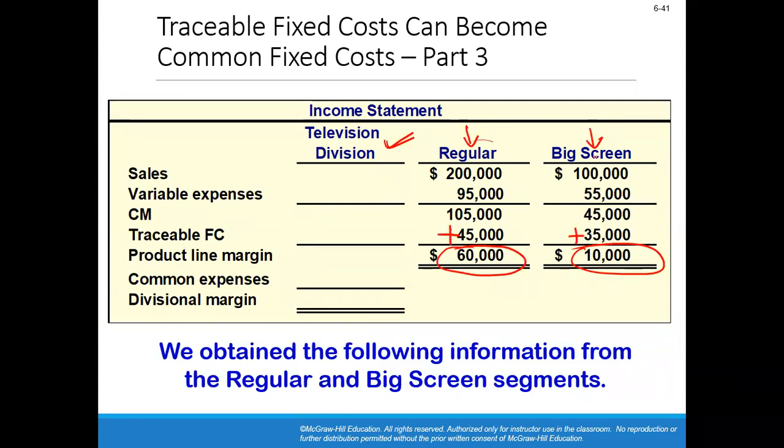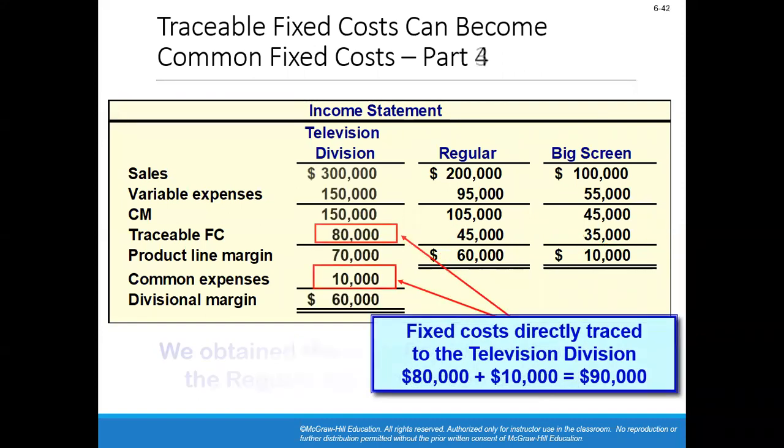Now we would like to see that there is a traceable fixed cost for the regular TV, and this is a traceable fixed cost for the big screen TV. But what can we do? We can see that the traceable fixed cost for the regular and for the big screen, in total, is 80,000.